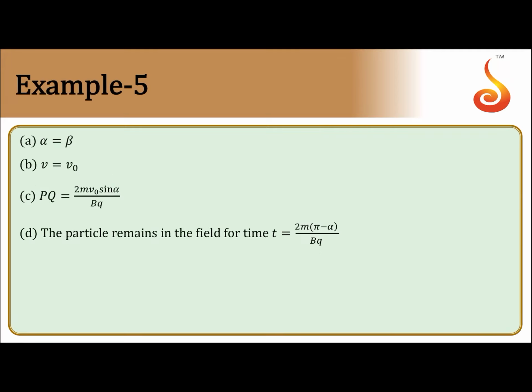So alpha will be equal to beta, v will be equal to v0, PQ will be equal to 2mv0 sin alpha by qB. The particle remains in the field for this much time. Okay, we will have to draw the trajectory to come to any answer. So let us draw the trajectory roughly.